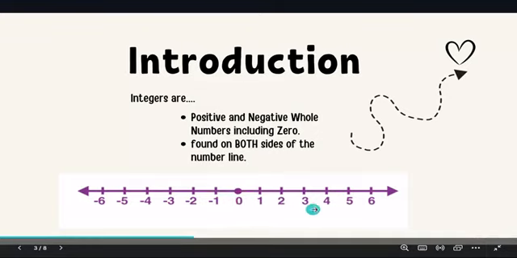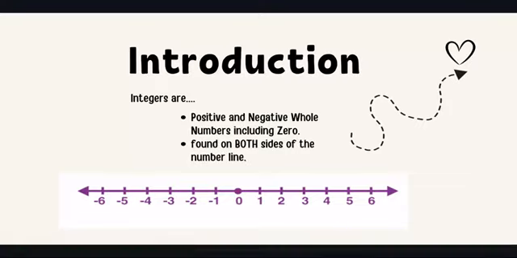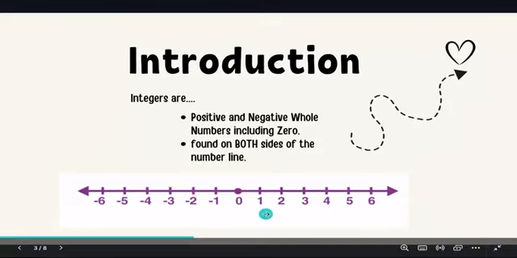Including 0, the positive numbers are your whole numbers. And then integers are both positive and negative numbers, including 0. So integers are found on both sides of the number line, and they include 0.